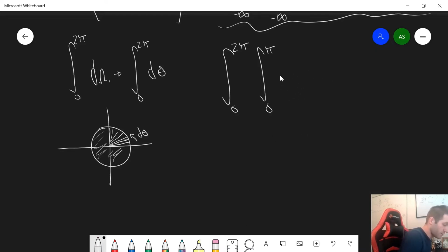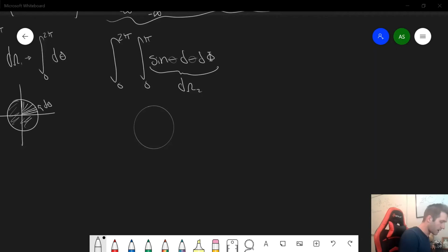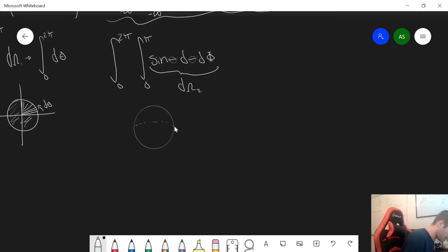So d omega 2 is just sine of theta with respect to d theta d phi. So this right here is all d omega 2. Well, what is that? What we are describing with this double integral, when we integrate over our polar and azimuthal angle, is simply the surface area of a two-sphere in three-dimensional Euclidean space.